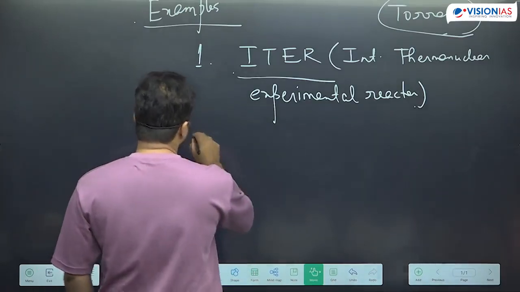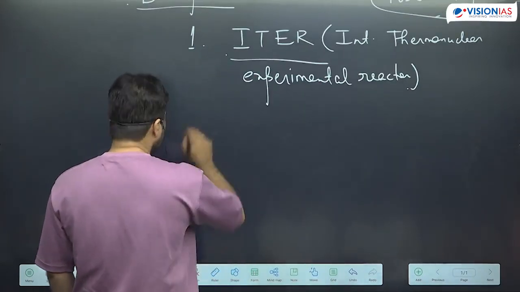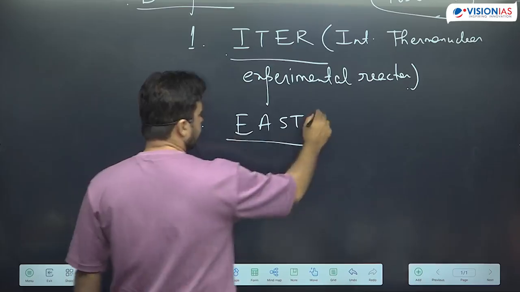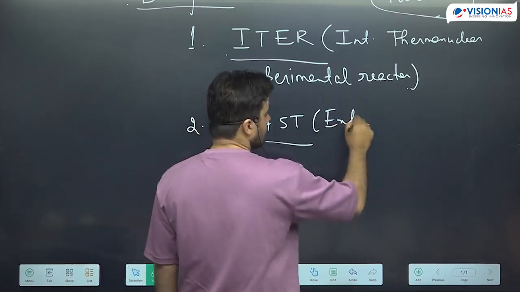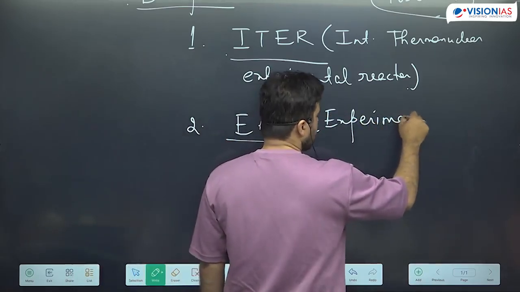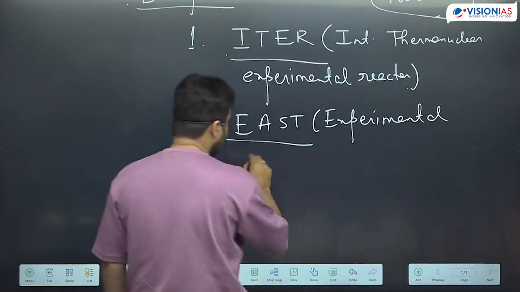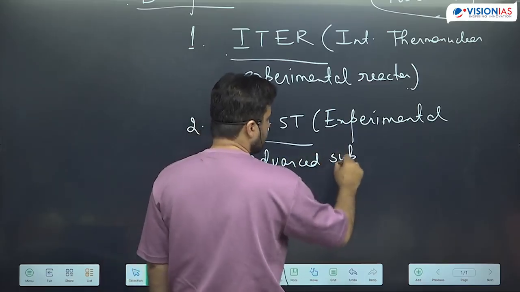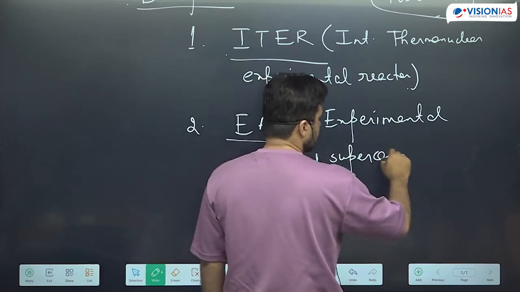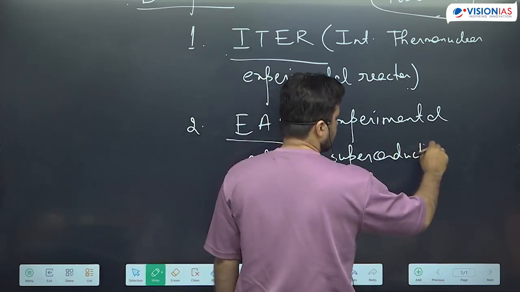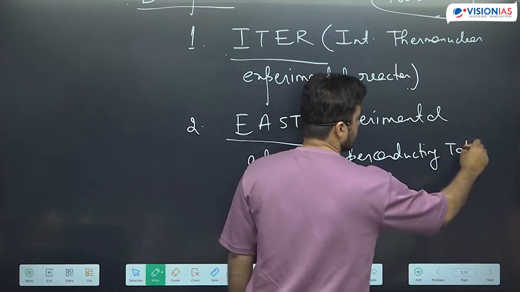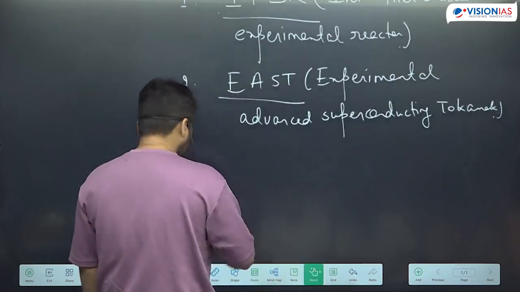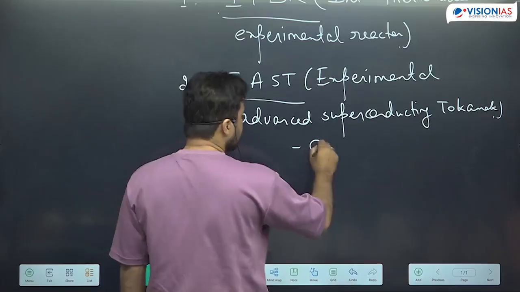You can also know about this device called EAST, Experimental Advanced Superconducting Tokamak. And this is what is popularly known as China's artificial sun.